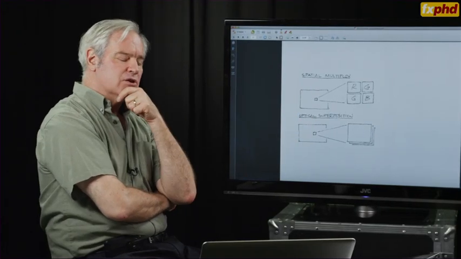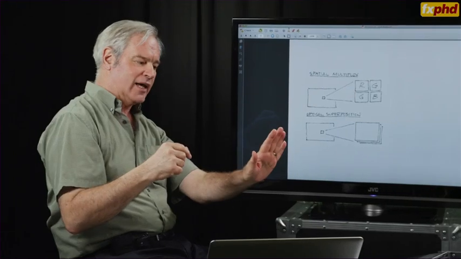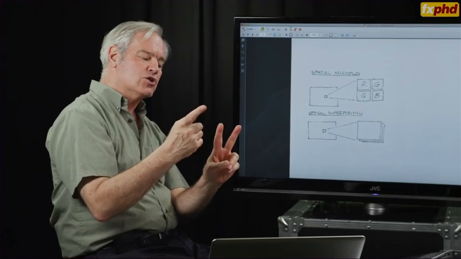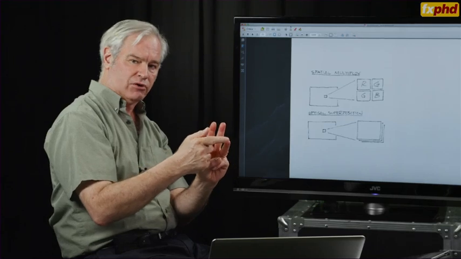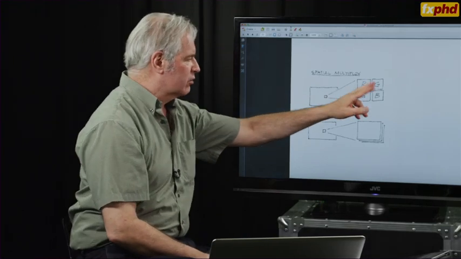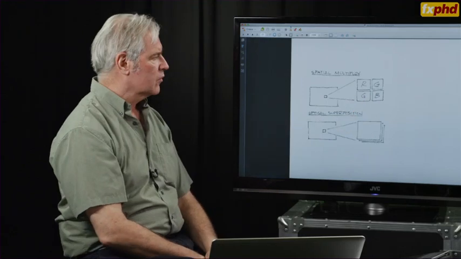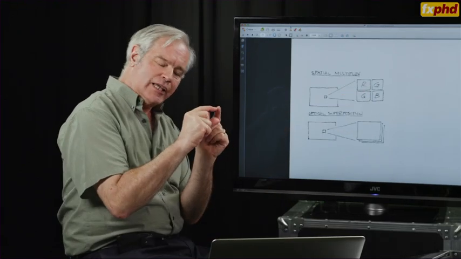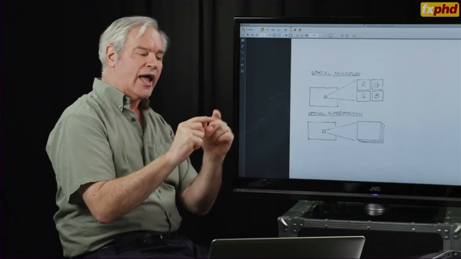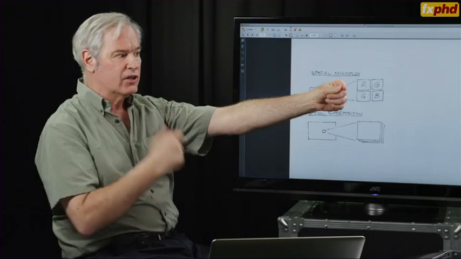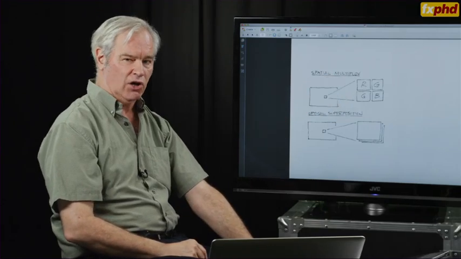But another way to do it is to build a display which has got individual red, green, blue emitters, or potentially even red, green, green, blue emitters, and make those little emitters so small and so far away from your eye that you can't individually see those dots.